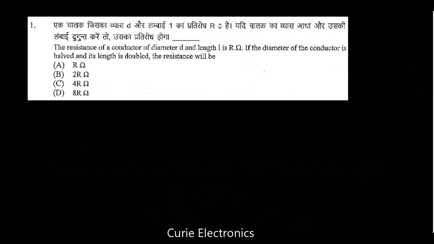The resistance of a conductor of diameter d and length L is R ohm. If the diameter of the conductor is halved and its length is doubled, the resistance will be? What is R?